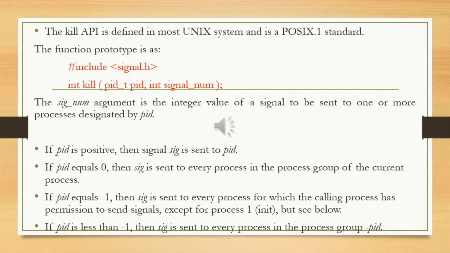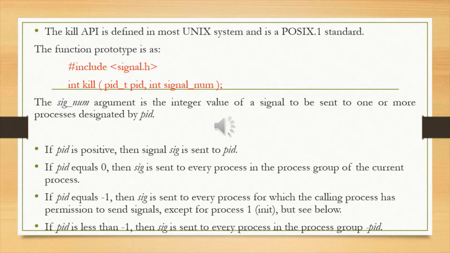If PID equals -1, then SIG is sent to every process for which the calling process has permission to send signals, except process 1, the init process.